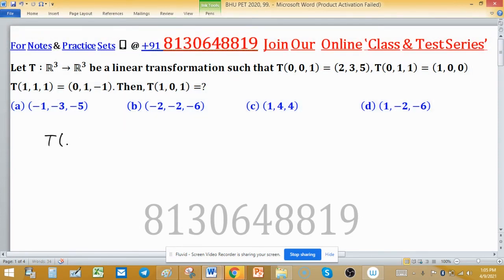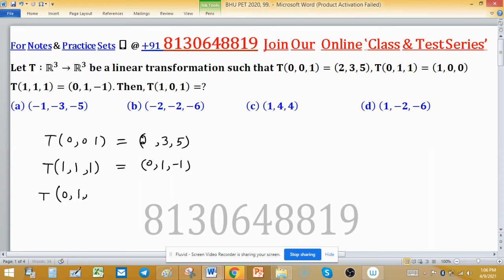T of 0 0 1 is given to us as 2 3 5, T of 1 1 1 is 0 1 minus 1, and the last element, image of one element is also given. This is 1 0 0, and it asks the image of 1 0 1. What is the image of this element under T?